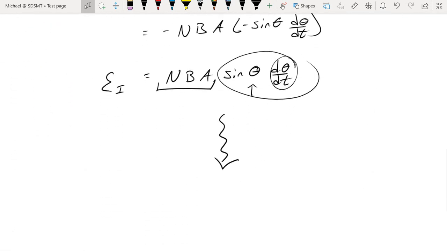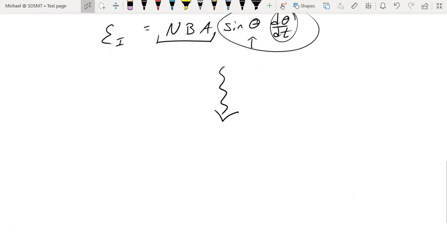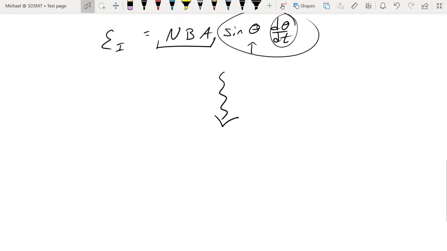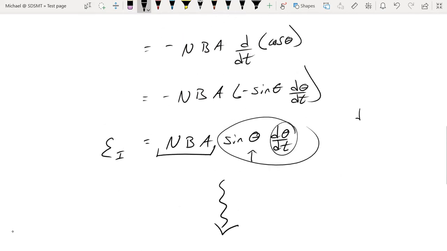And so what we can do at this point is we can say that by substituting in for sine theta and d theta dt, well, d theta dt, this is just the instantaneous version of this expression.